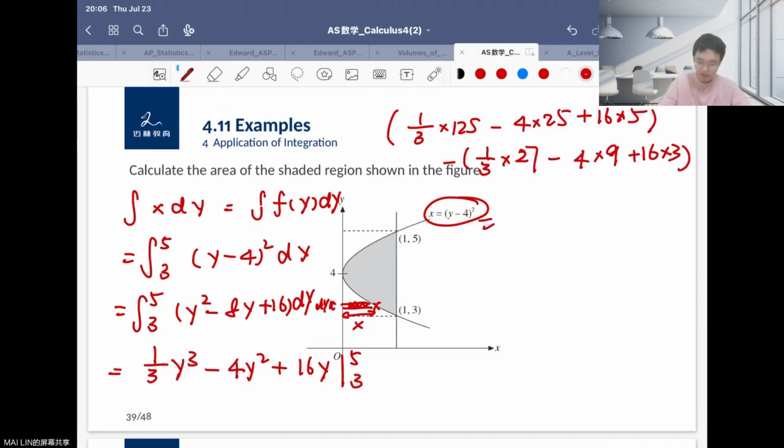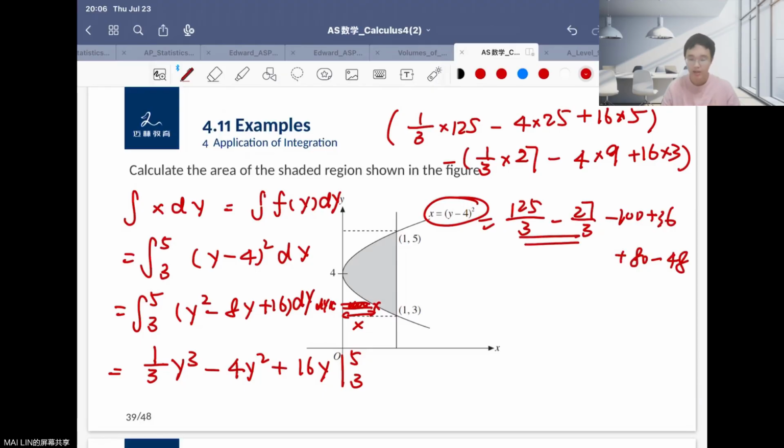So we get 125 over 3 minus 27 over 3 minus 100 plus 36 plus 80 minus 48. The first part is 98 over 3, and plus 36 plus 80 is plus 116.